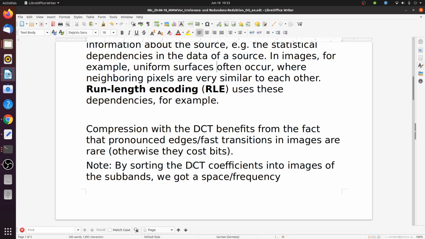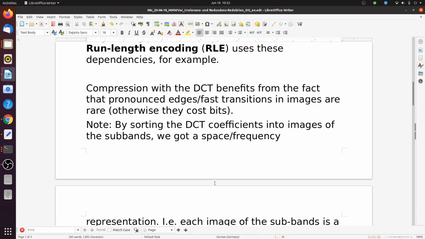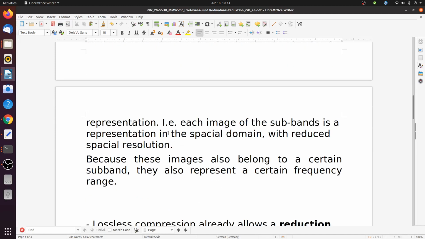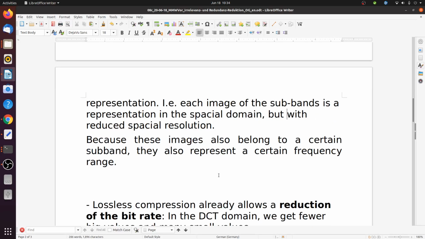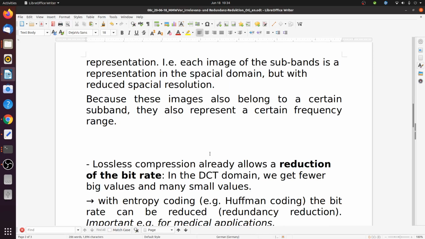And by sorting the DCT coefficients into images of the subbands, we got a space frequency representation, as I mentioned, which means each image of the subbands is a representation in the spatial domain, but with reduced spatial resolution. Because these images also belong to a certain subband, they also represent a certain frequency range. So we have both space and frequency.